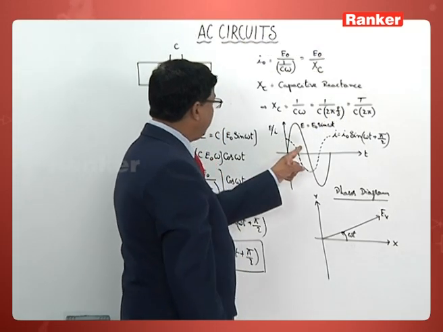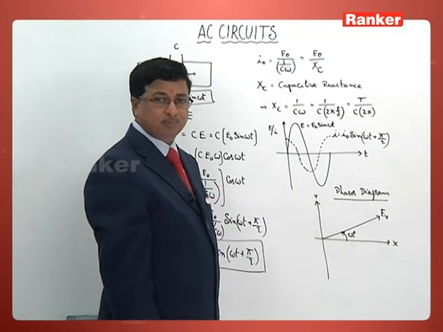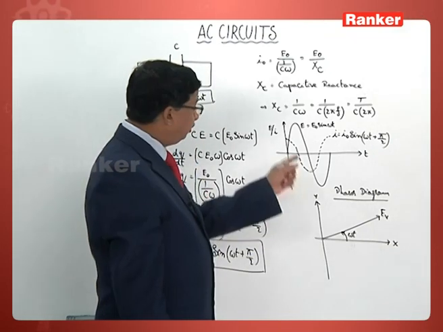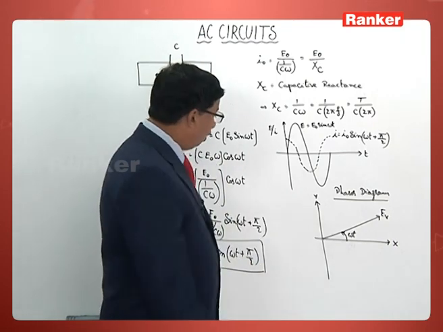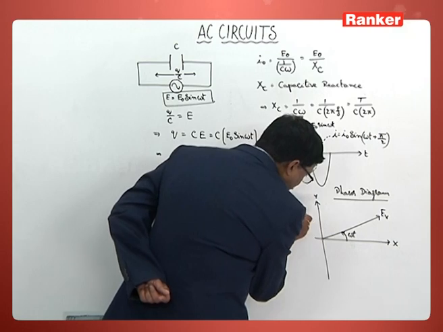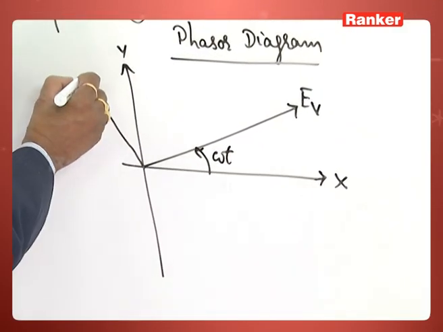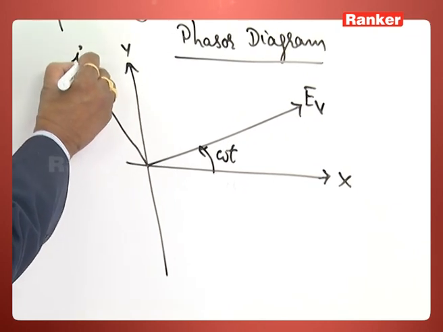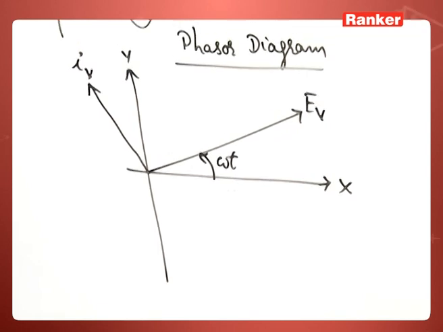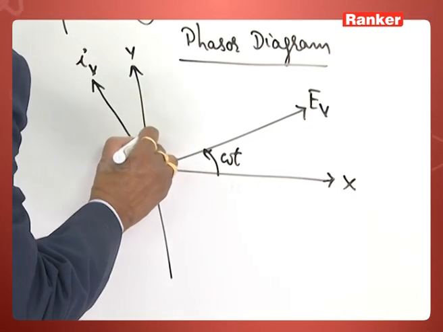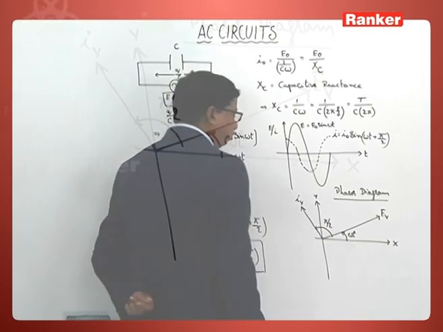Now we should understand current leads that EMF by 90 degrees. Current leads that EMF by pi by 2 radian. So, how to draw that one? We just have to draw a line which is perpendicular to this, and you have to show this one as virtual value of current. And this angle between these two now to be taken as pi by 2.